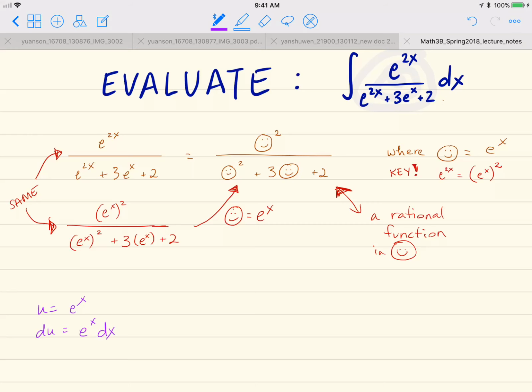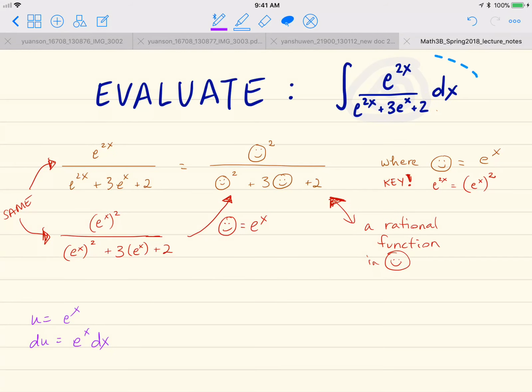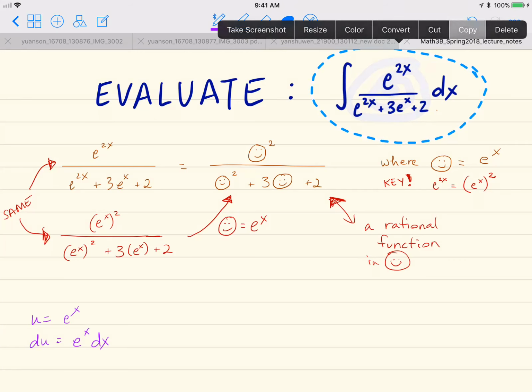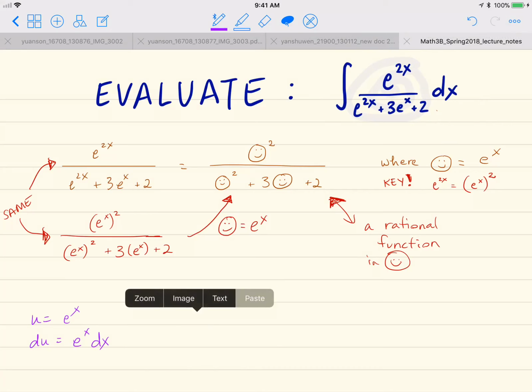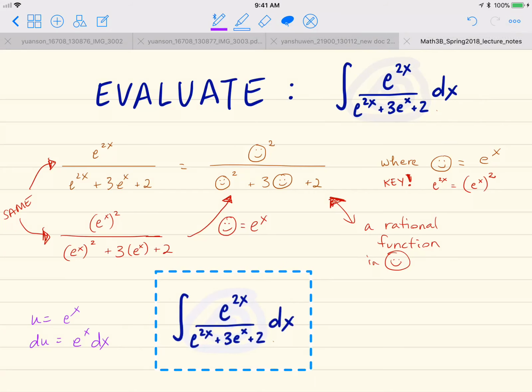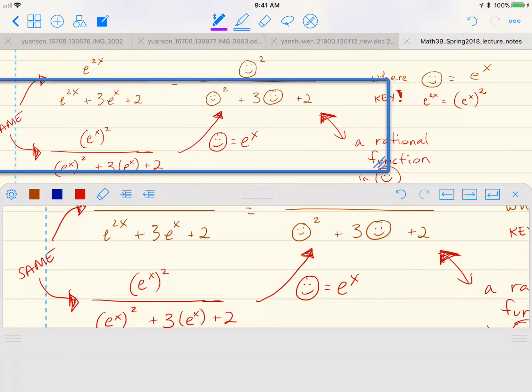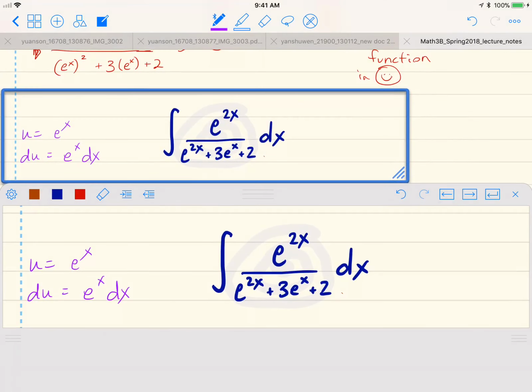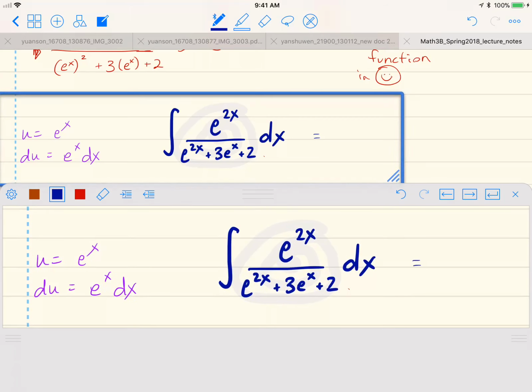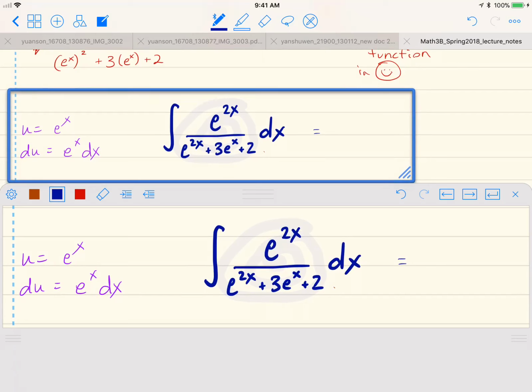So our integral, which we can just copy and paste, is going to be equal to the integral of u squared on top, and u squared plus 3u plus 2 on bottom.